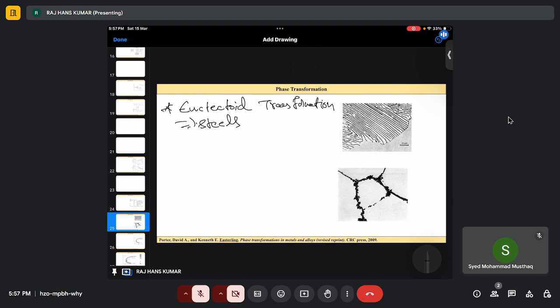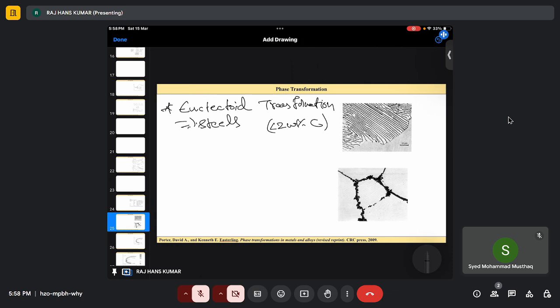Depending upon the carbon composition between 0 and 2, we have different types of steels, like plain carbon steels, very low carbon steels, low carbon steels, medium carbon steels, high carbon steels, etc. And above 2% we have cast iron. So steels are less than 2 weight% carbon.